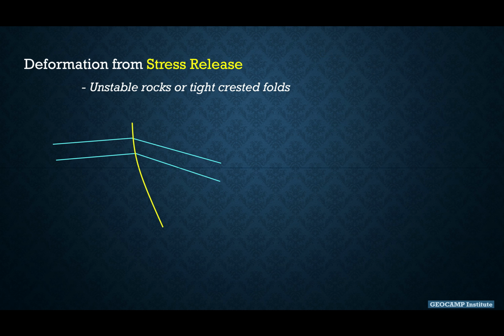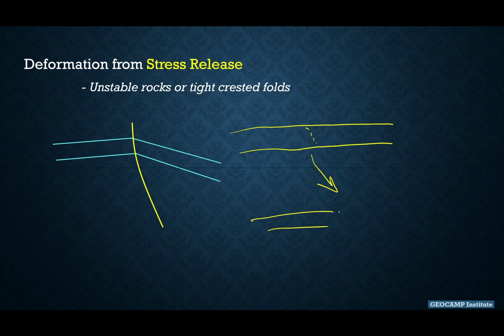There are some other cases where deformation might be a result of stress release. This is a case where you had a pre-existing surface that is stable, sub-horizontal, but maybe at a point there's some zone of weakness and it becomes unstable, and then it takes this geometry. Now what happens after some time is that because of this difference in elevation, there's some instability.